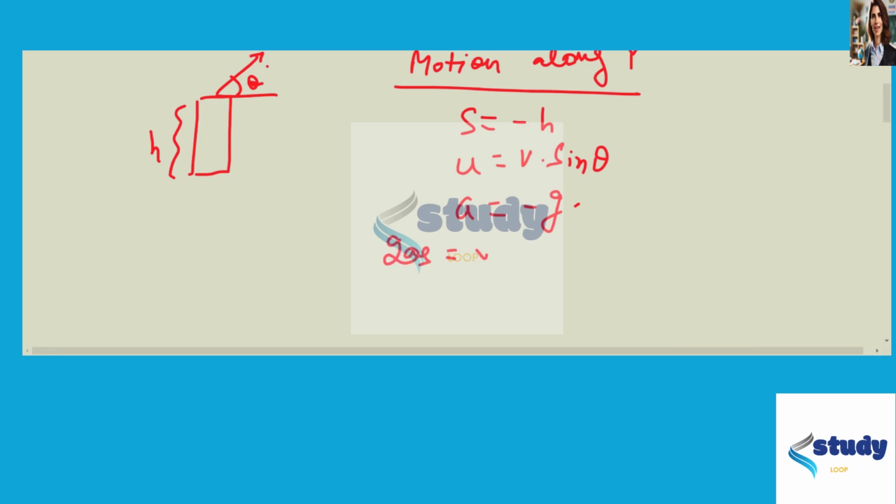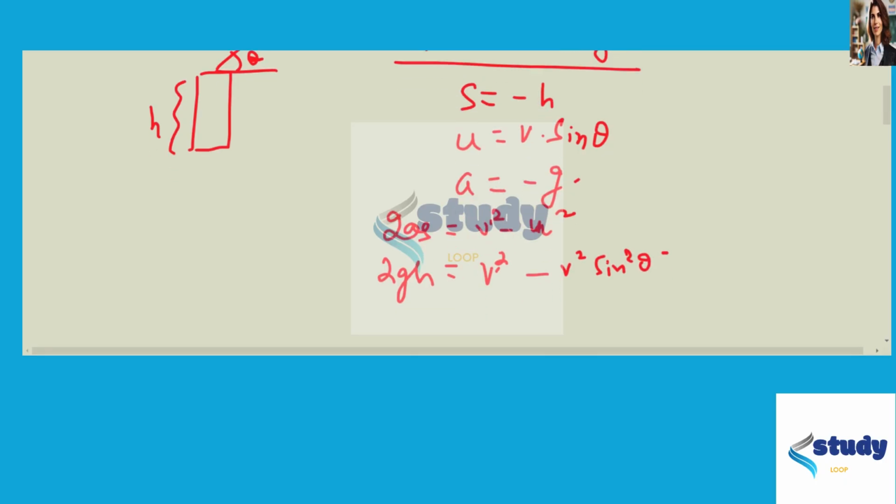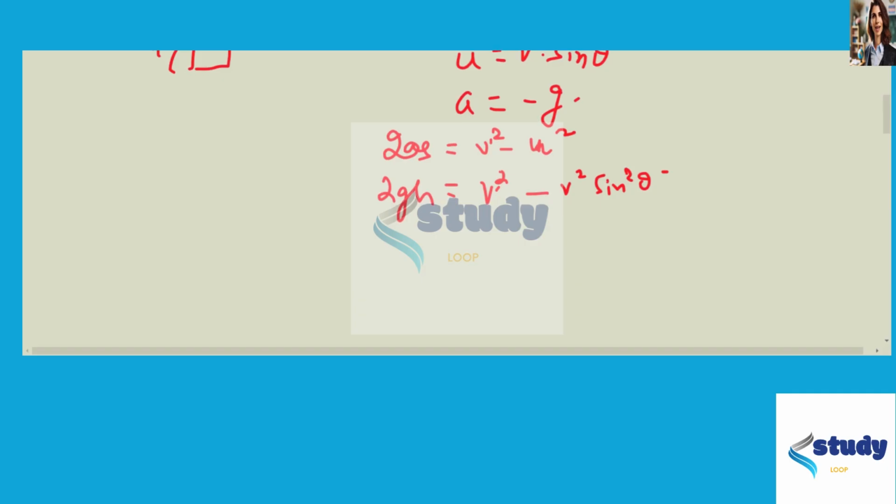We first find out v. 2as equals v squared minus u squared. So that will be 2gh equals v dash squared, the final velocity squared, minus v squared sine squared theta. So we get the final velocity from here.